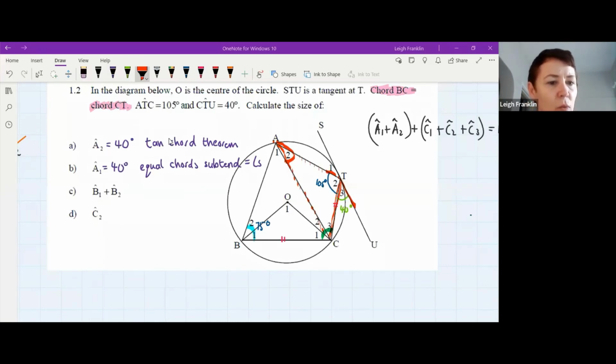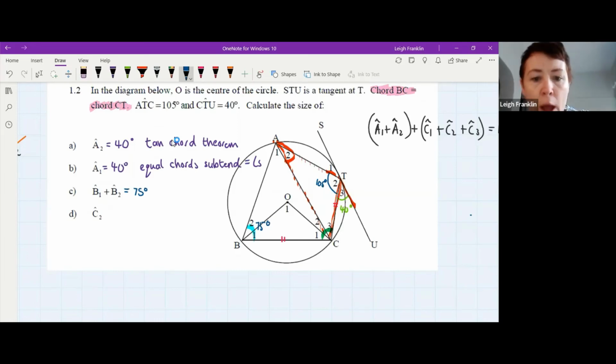Can I take you back? Why is angle B... oh, yes. Sorry, we didn't write our reason. I beg your pardon, quite right. Okay, so let's put that in here. Angle B1 plus B2 is equal to 75, right? Because it is the opposite angle to this cyclic quad. TABC is a cyclic quad. It has 4 points on the circle.